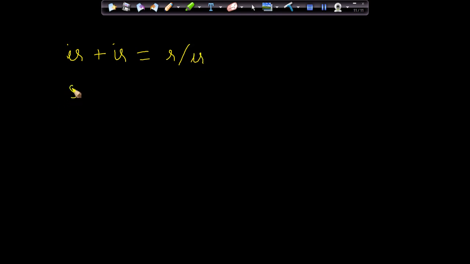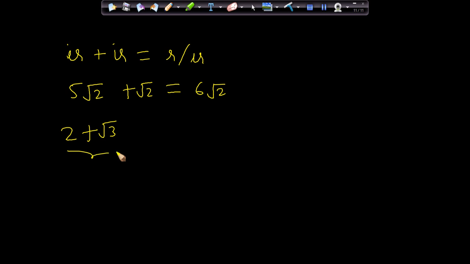If I add 5 root 2 plus root 3 plus root 2, then the result is 6 root 2 plus root 3, which is an irrational number. Yeah, and I can add 2 plus root 3, which is an irrational number, and I can add 2 minus root 3, which is an irrational number, but the result is a rational number, right?